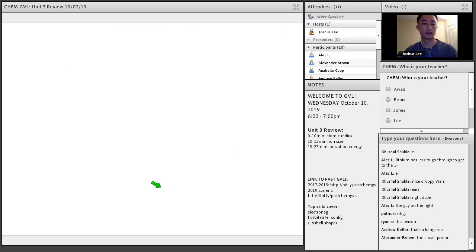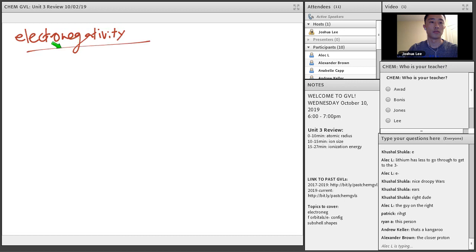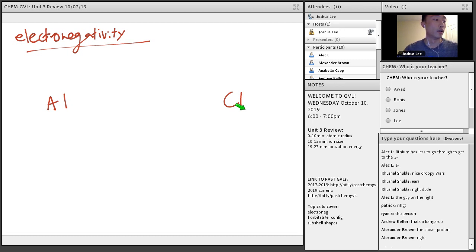So that's that. Next is the period trend for electronegativity. Period trend is, let's make fun of aluminum and chlorine again. They're both in the third energy level, so distance doesn't really matter.